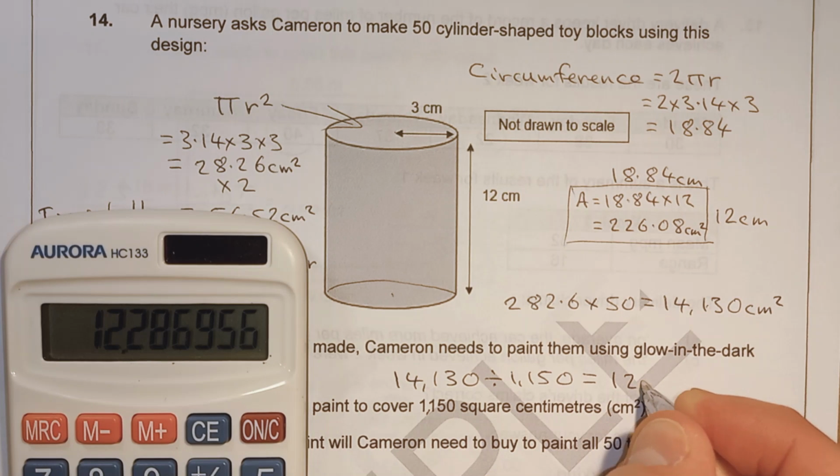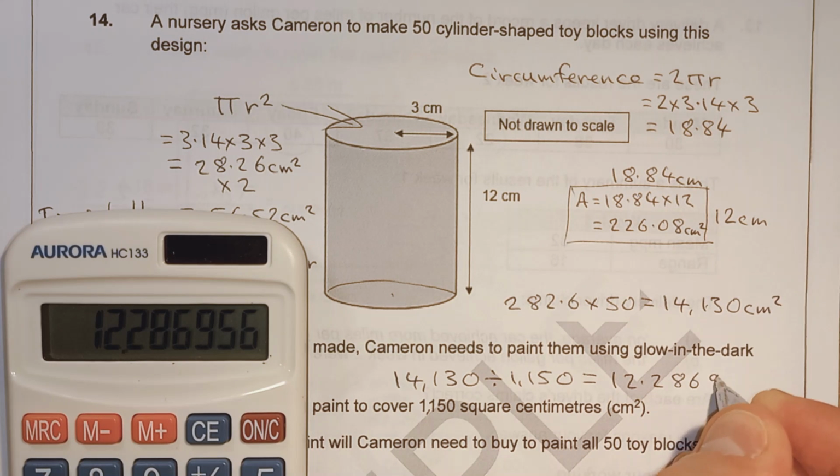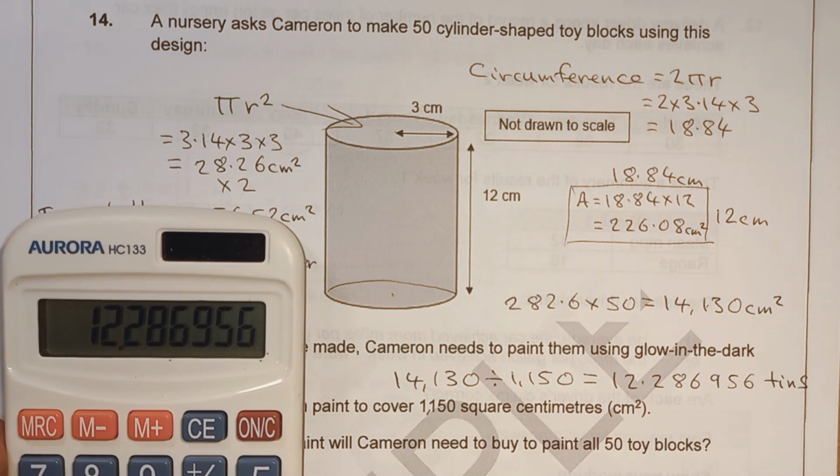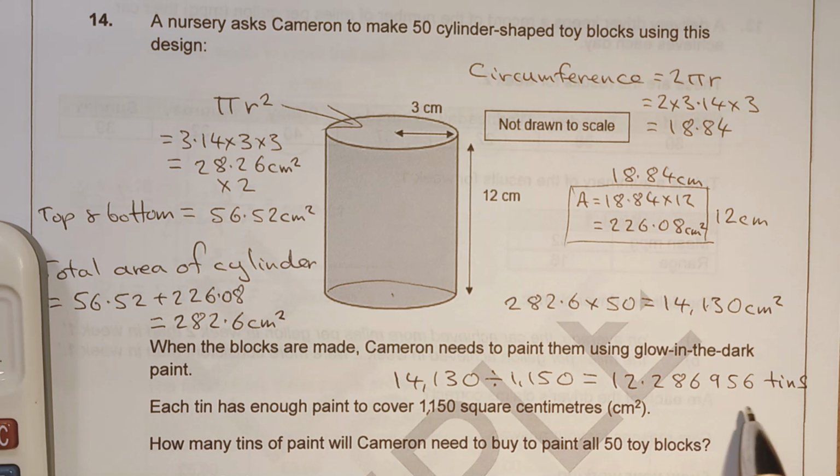And we get 12.286956. That's going to be tins of paint. We can't buy 12.286 tins of paint, so we're going to have to go up to the next whole number. So we're going to need 13 tins. Because 12 wouldn't be enough, so we've got to go to the next one.